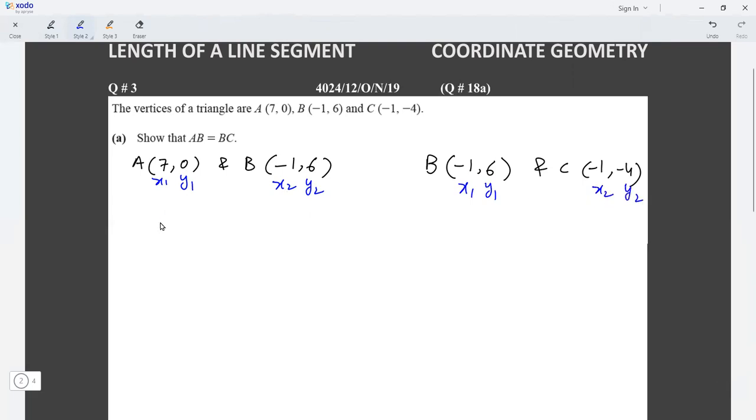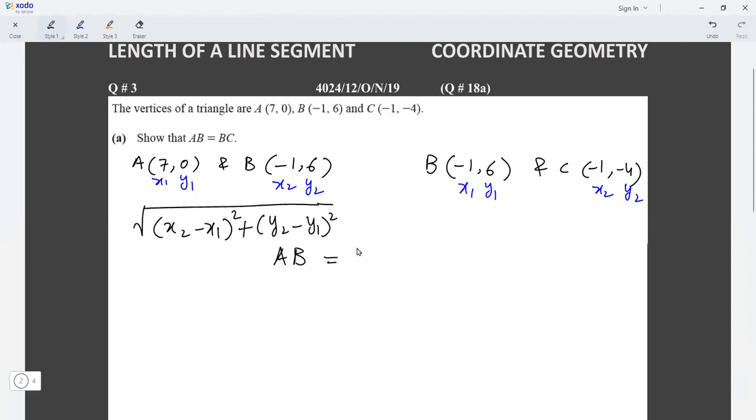So simply write down the distance formula, that will be the square root of x2 minus x1 whole square plus y2 minus y1 whole square. Replacing the values in AB and BC with the respective values of the first point and second point.